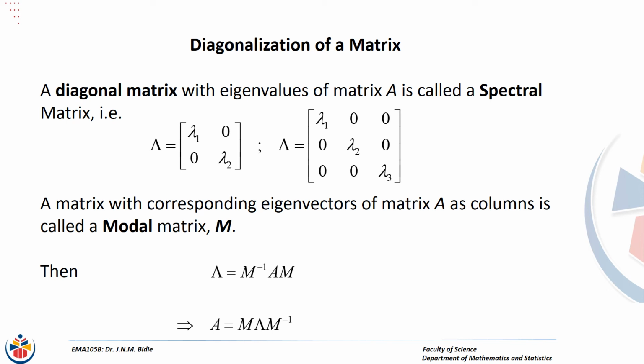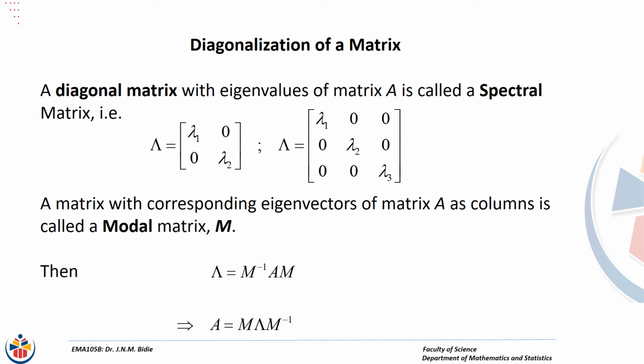So if we have the eigenvalues of that matrix on the main diagonal and zeros everywhere else, then we call that matrix a spectral matrix. And it's a spectral matrix of A because the eigenvalues belong to that particular given matrix.